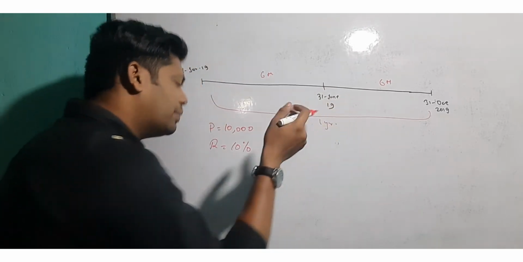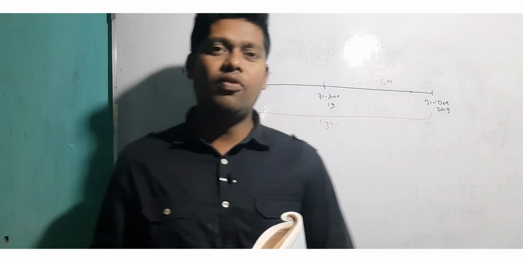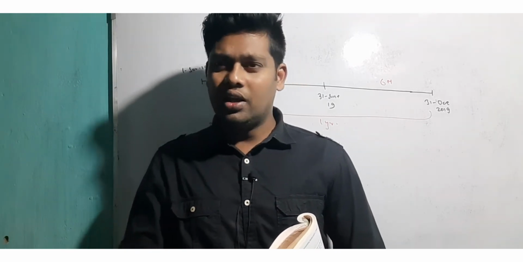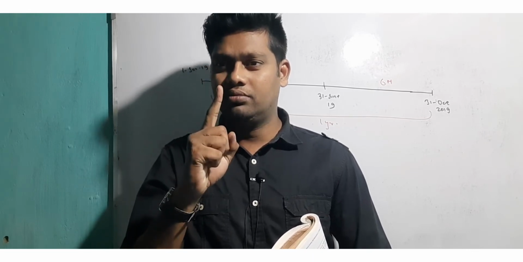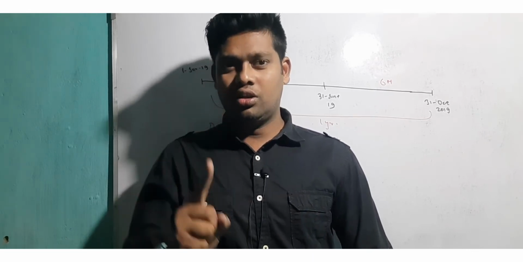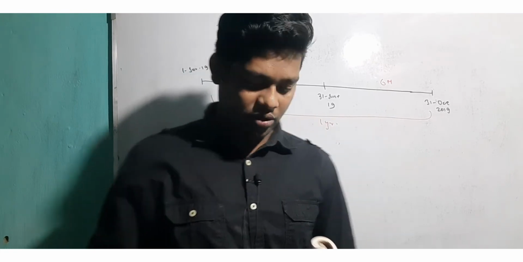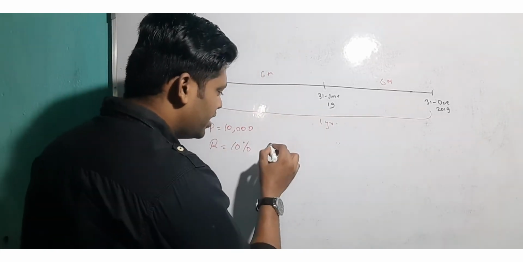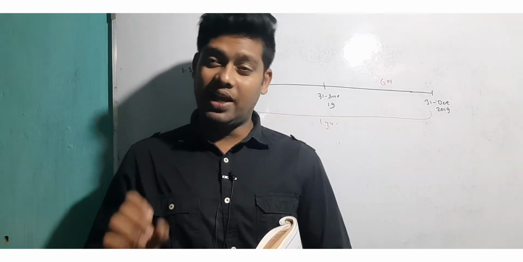They are saying it is compounded annually for a year. So annually for a year, how many times does annually come in a year? 1 time. Annually means 12 months. So n is equal to 1.